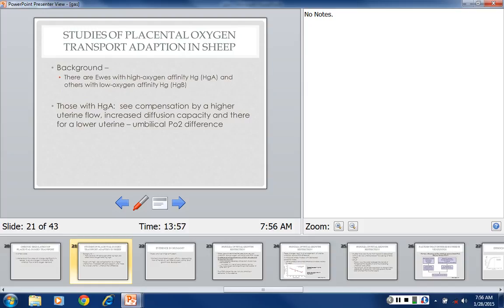So, there are some other interesting studies they've done. They're actually, in sheep, two different types. There are some sheep that they call hemoglobin A sheep that have a much higher affinity for oxygen than these hemoglobin B sheep.